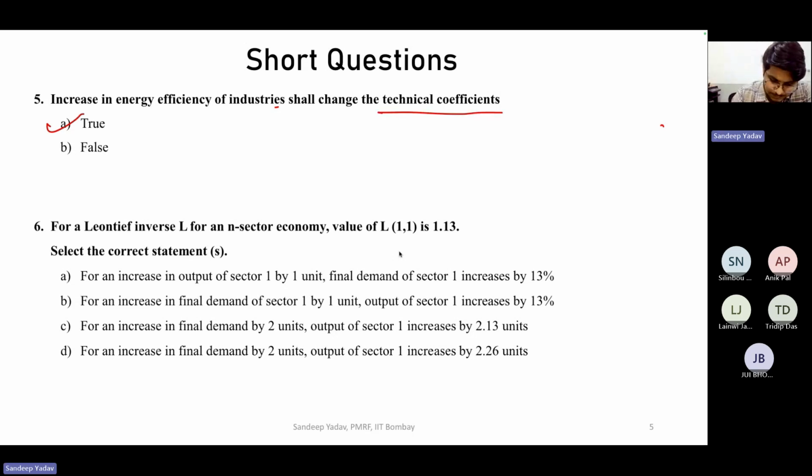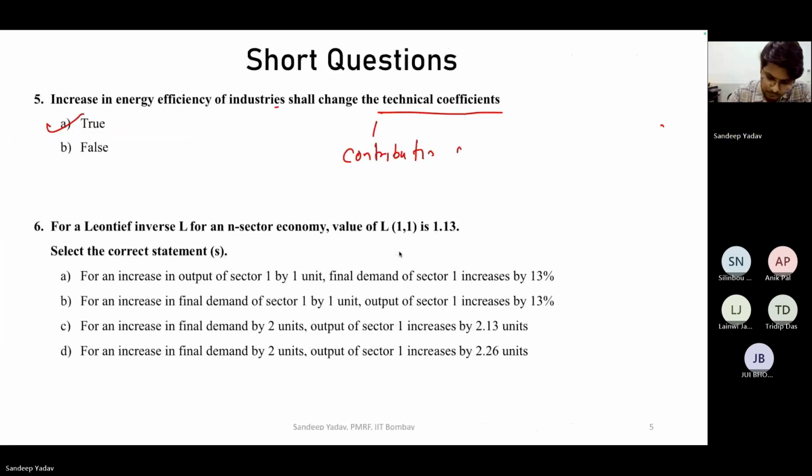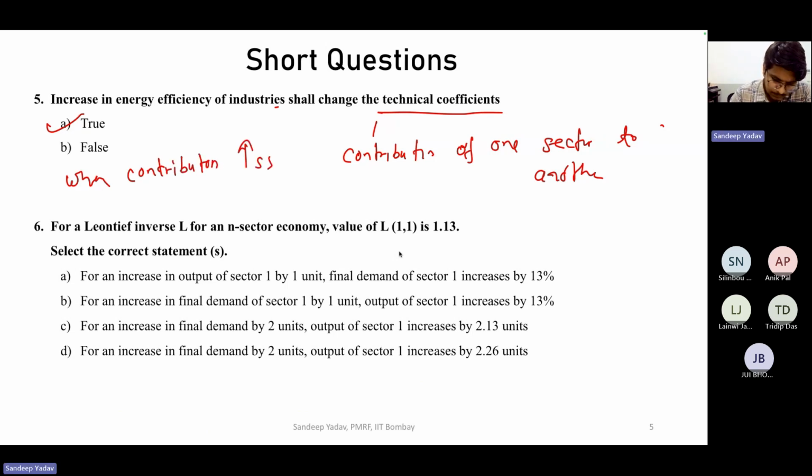As we have seen, it shows the contribution of one sector to another sector, and when the contribution changes, the technical coefficients shall change.